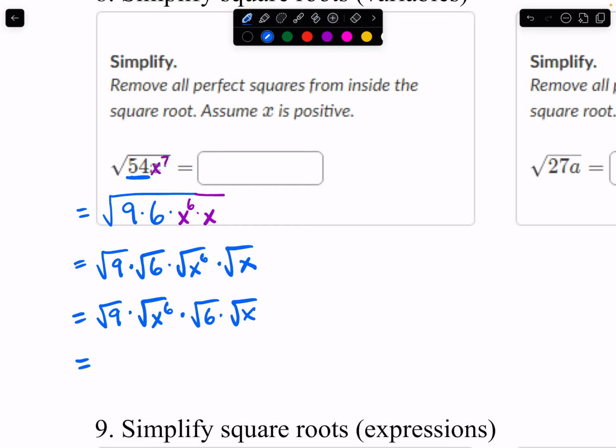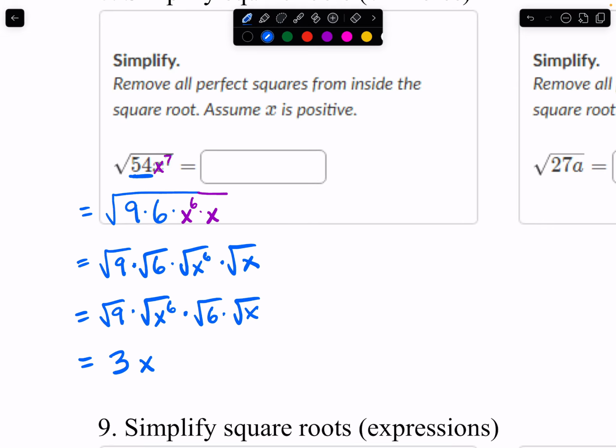The square root of 9 is 3. And the square root of x to the 6th is x to the 3rd. Remember, this is x to the 6 over 2 power, right? So I could put that intermediate step if you're not sure what that would be yet. But remember, this is a radical symbol with the index missing, so that means the index is 2.